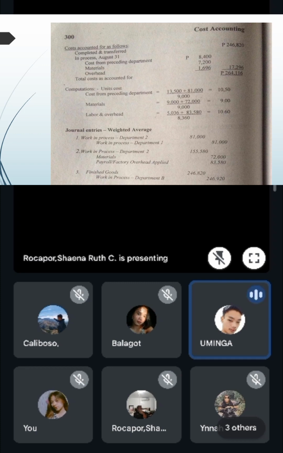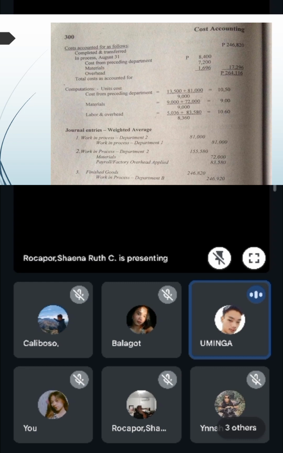Then for the journal entries of the weighted average. Number 1, debit work in process Department 2 for 81,000, then credit work in process Department 1, 81,000.